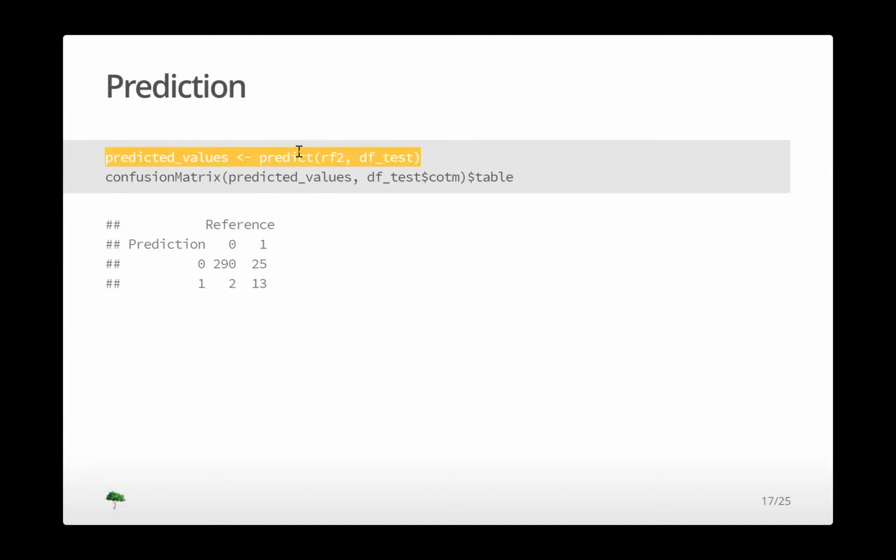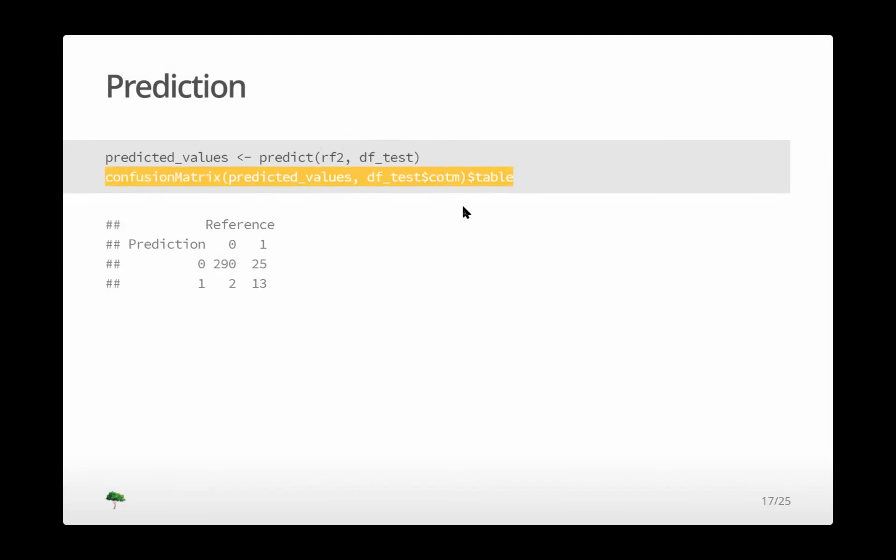You just say predict, you give it the model, which you saved as an object previously, and then you give it the test set, so you can test how it does on unseen data. You know how it does on your training data set, but you want to see how it does on unseen data. And then you can run the confusion matrix again just to have a look how it performs.